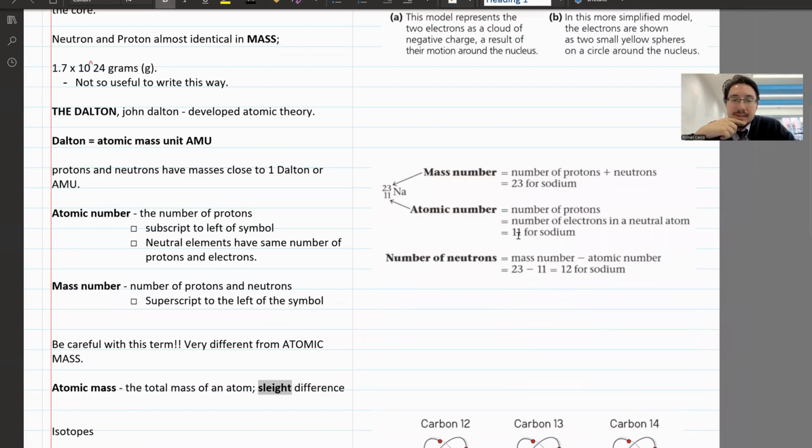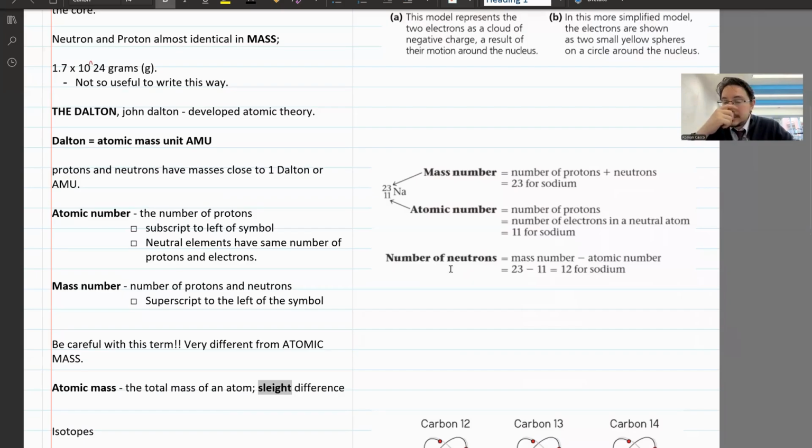Okay, so generally, in this kind of ideal element, the number of neutrons would equate to the number of protons, but that's not always the case.